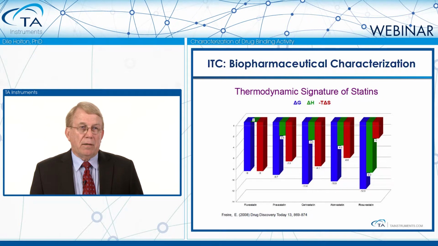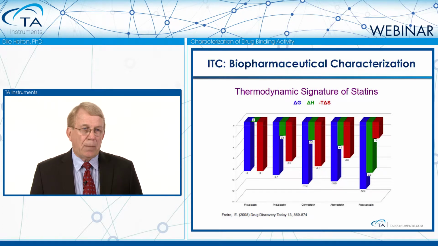Well, back in 2008, several publications came out showing that different drugs that were developed at the time, as they got better and better over the years, became selected for the driving forces of enthalpy. So the better the enthalpic value was for each individual drug, the more effective the drug was and the fewer side effects were encountered by the patients taking them.